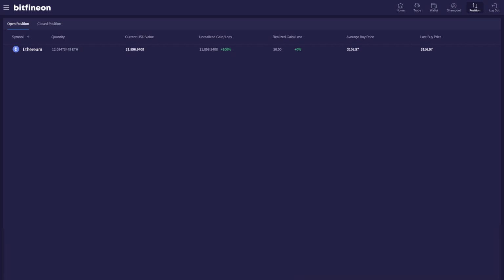But as you buy and sell on Bitfineon, you will have an open or closed position for that asset. You can view that in real time here: the quantity, the current USD value, your unrealized gain and loss, and your realized gain and loss. Obviously, in an open position, if you don't sell any, you're not going to have any realized gain or loss, so that right now is 0, along with average buy price and your last buy price.